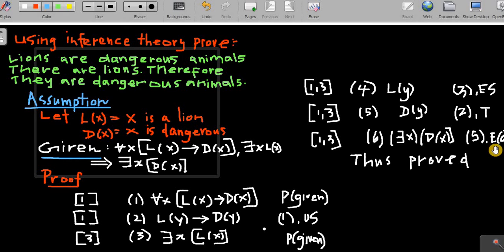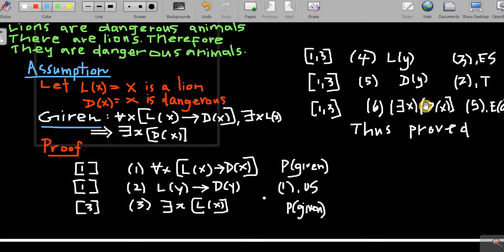If an element satisfies a particular property, then there exists some element that satisfies that property. And that rule is called existential generalization. If a property is true for one element, that property is true for some elements. That's what the existential generalization rule says.